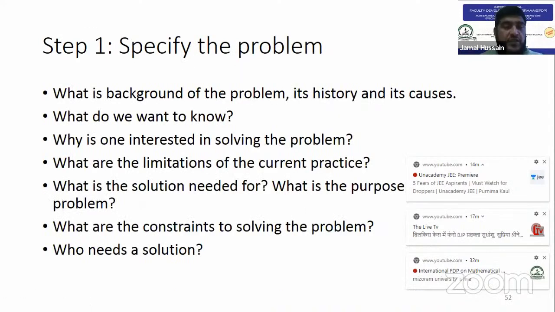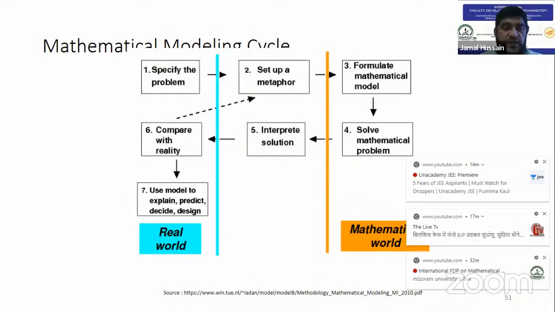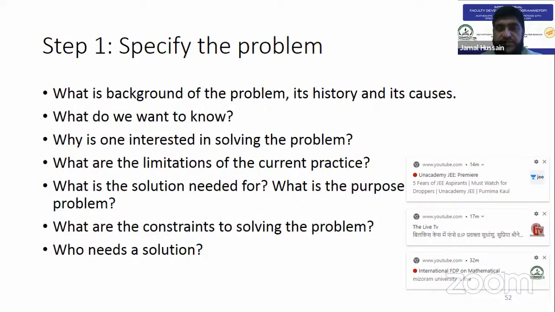Okay. So step one that was in the diagram, specify the problem. It is further mentioned here what that step means. What we have to do is to know the background of the problem, its history and its causes. What do we want to know?